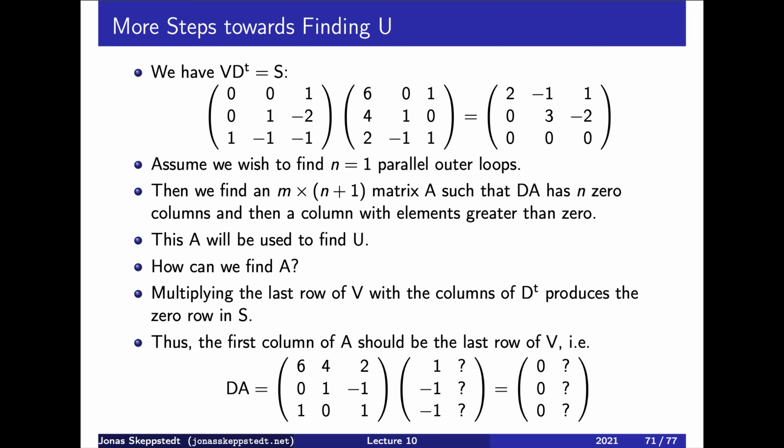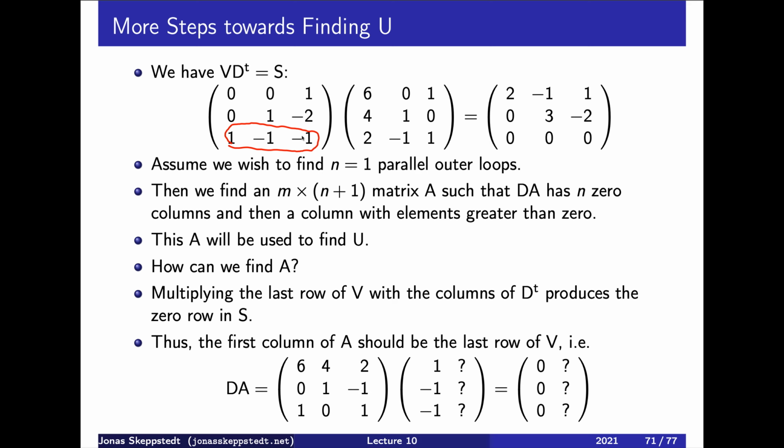If we take this row as the first column of A, then when we multiply this row with each of the columns of the transpose of D, we will get this.